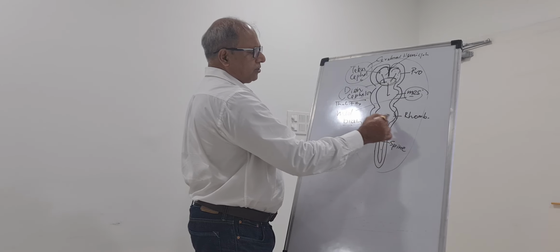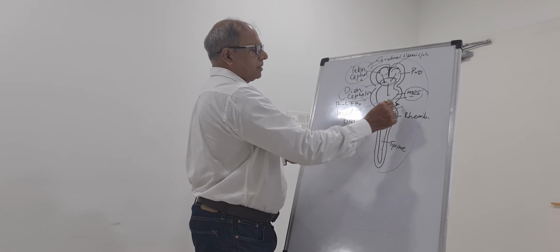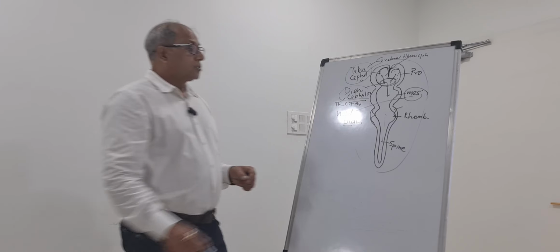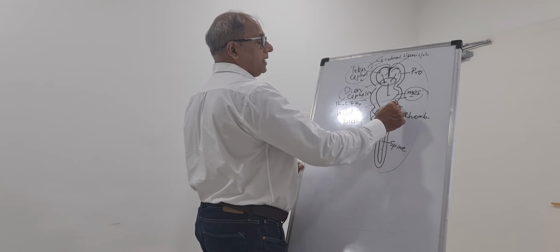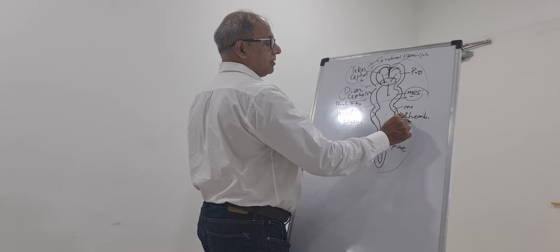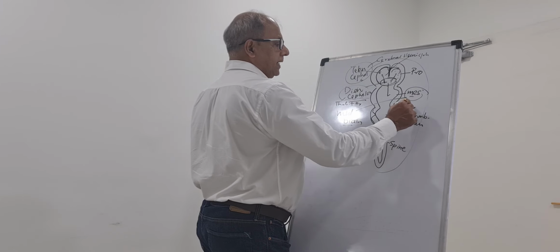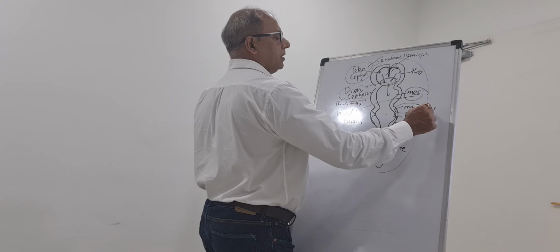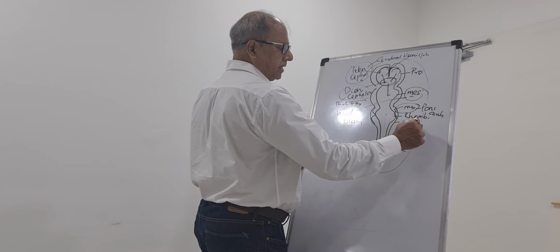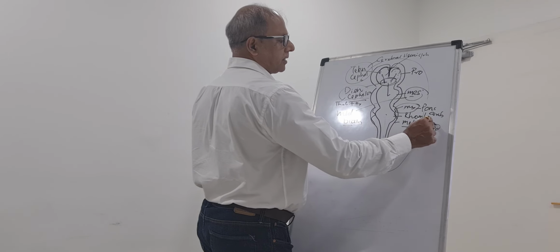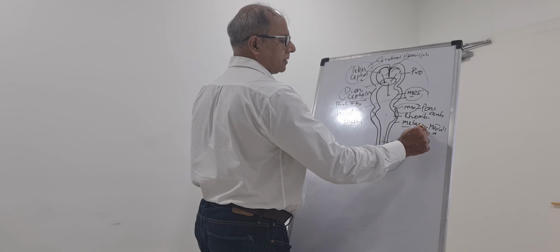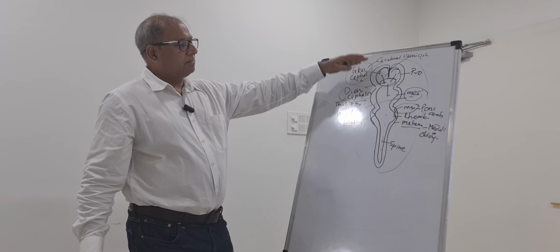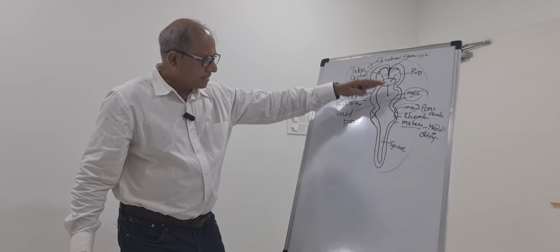Rhombencephalon again divides into two parts: myelencephalon and metencephalon. This myelencephalon makes pons and cerebellum, and this metencephalon makes medulla oblongata. This is the basic structure of the brain when it is developing.